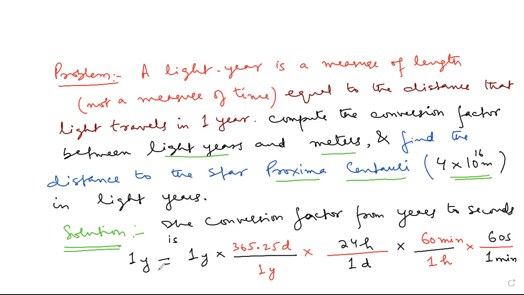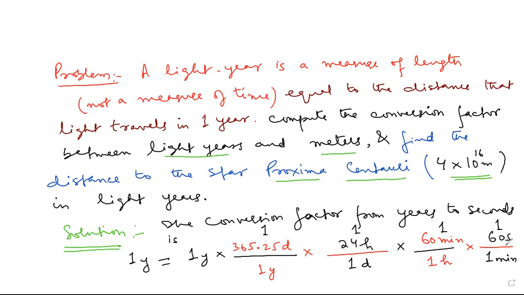This is simple. I am multiplying 1 year by 4 ones. This is 1, this is 1, this is 1, this is 1. Why so? Because 1 year is 365.25 days, so 365.25 days over 1 year is 1. Similarly, 1 day is equal to 24 hours, so 24 hours over 1 day is 1. 1 hour contains 60 minutes, so 60 minutes over 1 hour is 1.